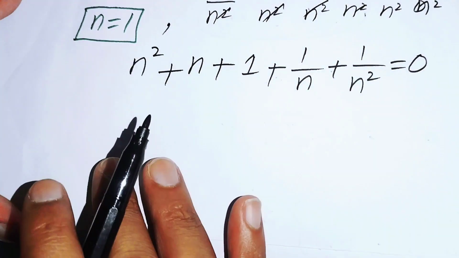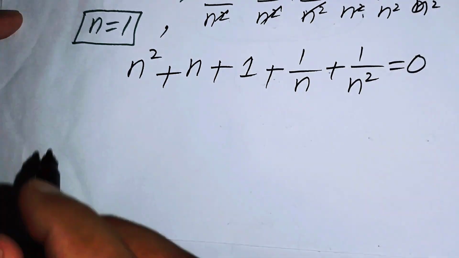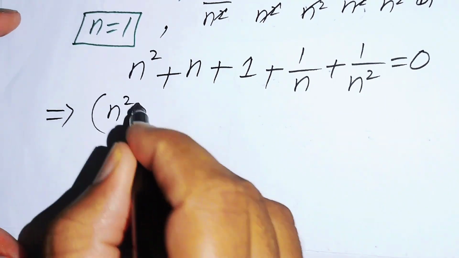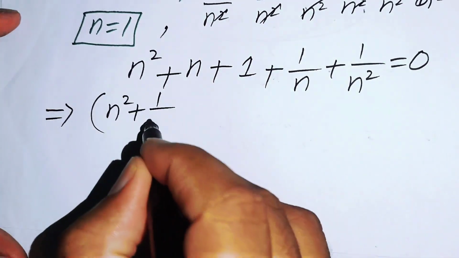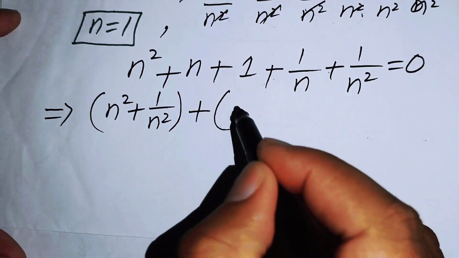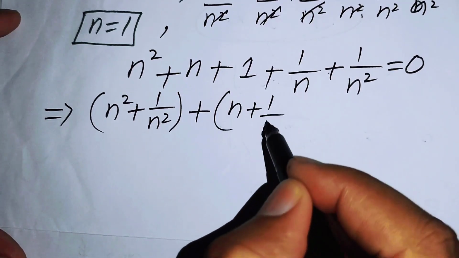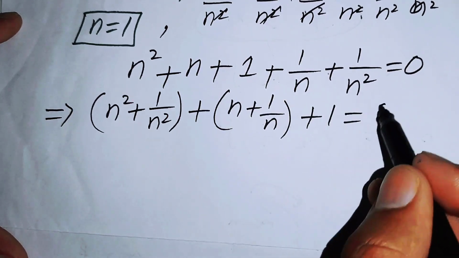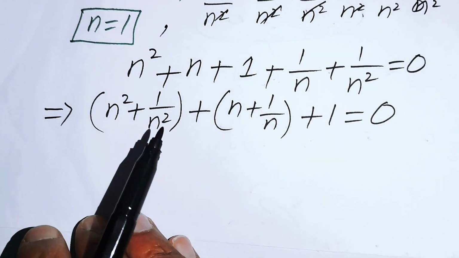Now we rearrange the terms and make pairs of the squared terms and the other terms. First I make the pair n squared plus 1 over n squared. After that we make the pair n plus 1 over n, and here you have plus 1 equals 0.